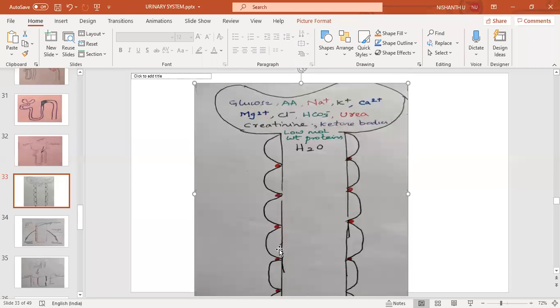Similarly, the proximal convoluted tubule is present in the cortical region. So the interstitial fluid in the cortical region is a little different, and the interstitial fluid inside the medulla is different.